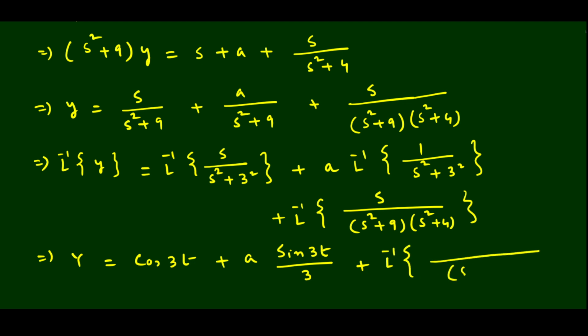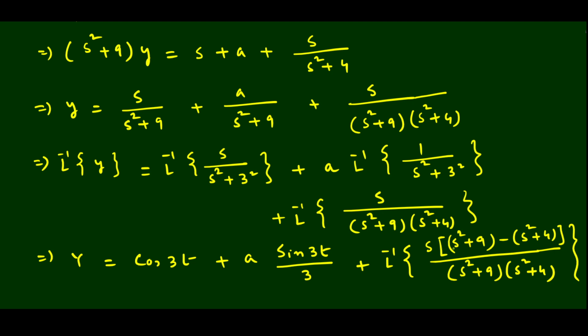Our denominator is s square plus 9 and then s square plus 4. So in the numerator we have one s. So let us keep that s, and then can we write it like this: s square plus 9 minus s square plus 4. Okay.